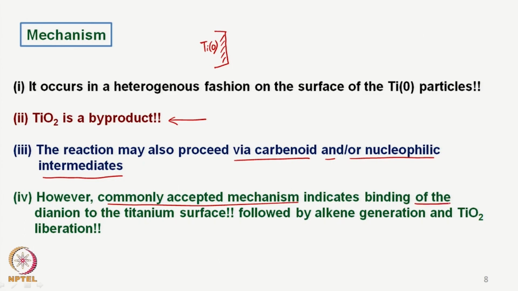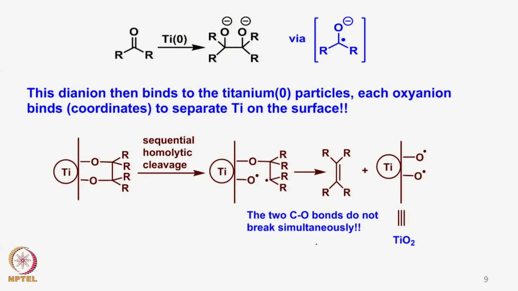We will see how the dianion forms to the titanium surface, followed by generation of alkene and loss of TiO2. So it is generally on the surface of the titanium 0 where the reaction occurs.